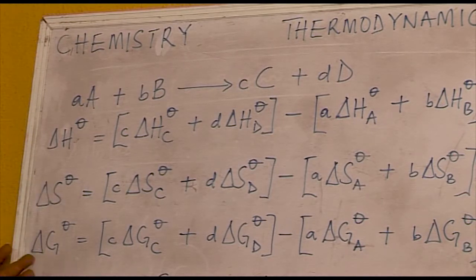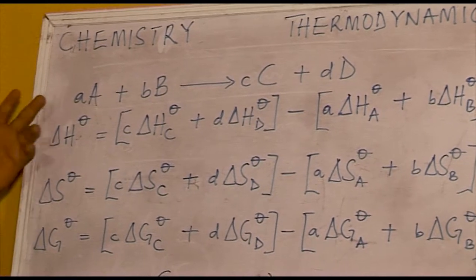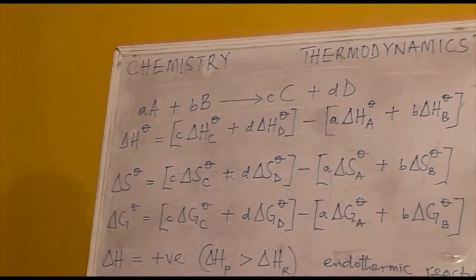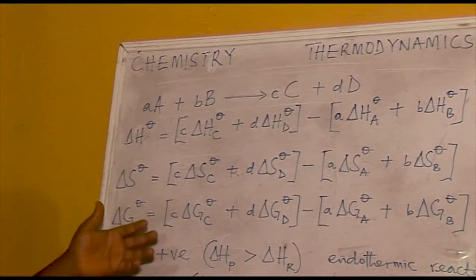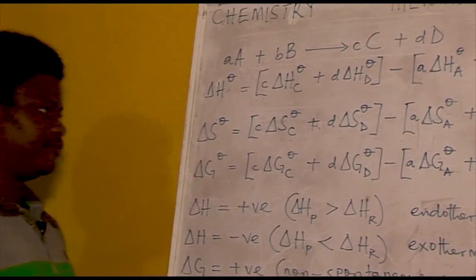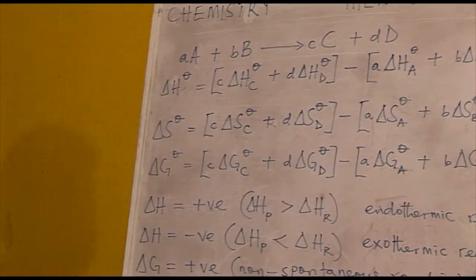Then we can also get the standard Gibbs free energy change of a reaction system. After we have got a balanced equation, the standard Gibbs free energy change of that system is the change in the Gibbs free energy of the products minus that of the reactants, as we have stated in this equation here.